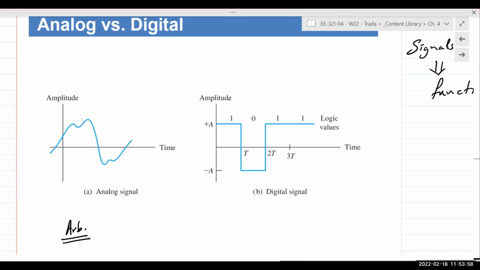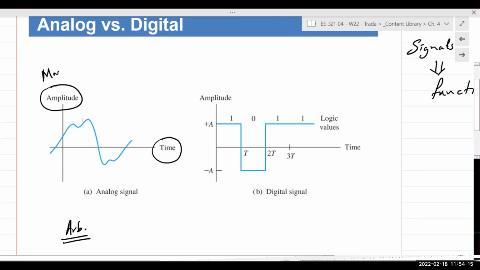It could be anything. But the point is, the value of this function changes with respect to time. Time is always on the x-axis, and amplitude, magnitude, or the value of the function is on the y-axis.